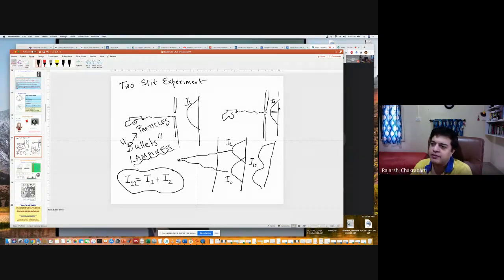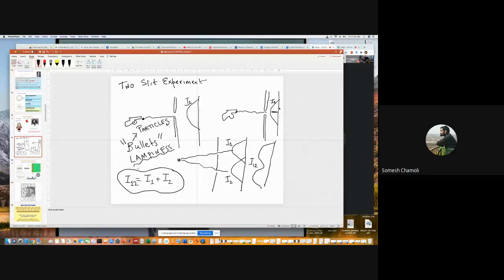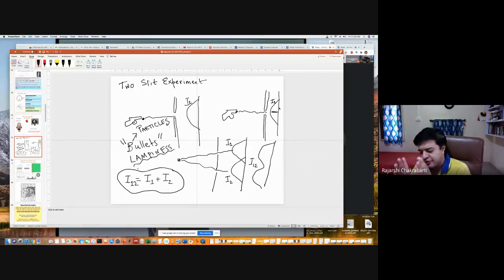Essentially, you are doing experiments. There is no interference here. The interference is truly between the waves. So essentially, you are constructing a graph.